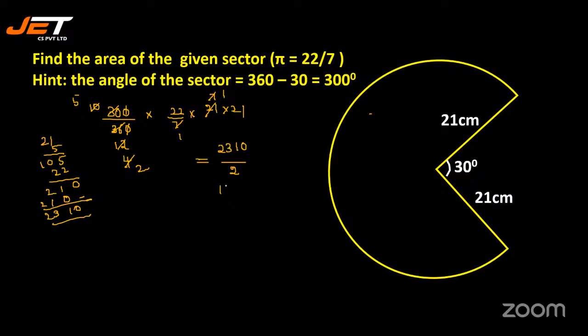Two ones are, two fives are 10. So 1015, so 1155.